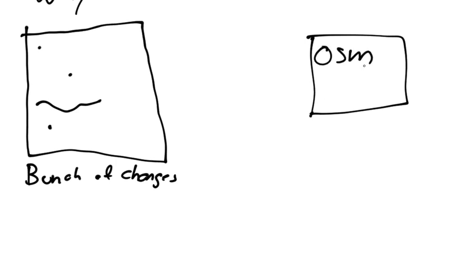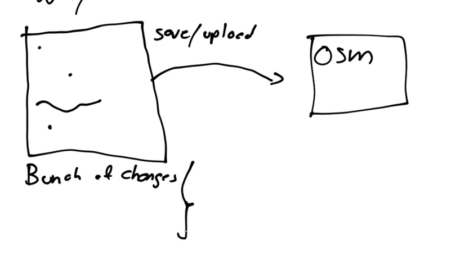So basically, when you upload your changes to OpenStreetMap, when you hit that save or upload button, those changes, this bunch here gets put into what's called a change set.